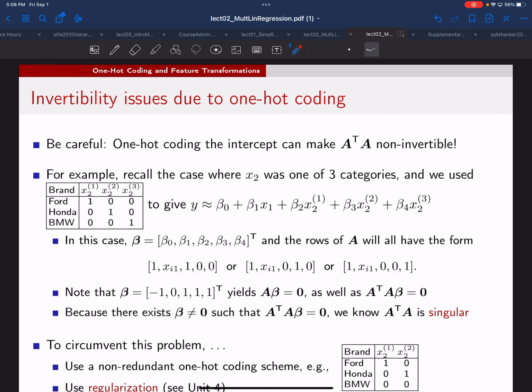So this will give you 0 in every single entry in the output vector. Now if A times beta is 0, I can multiply both sides of that equation by A transpose, and I have A transpose A beta is 0. And beta is not a 0 vector.